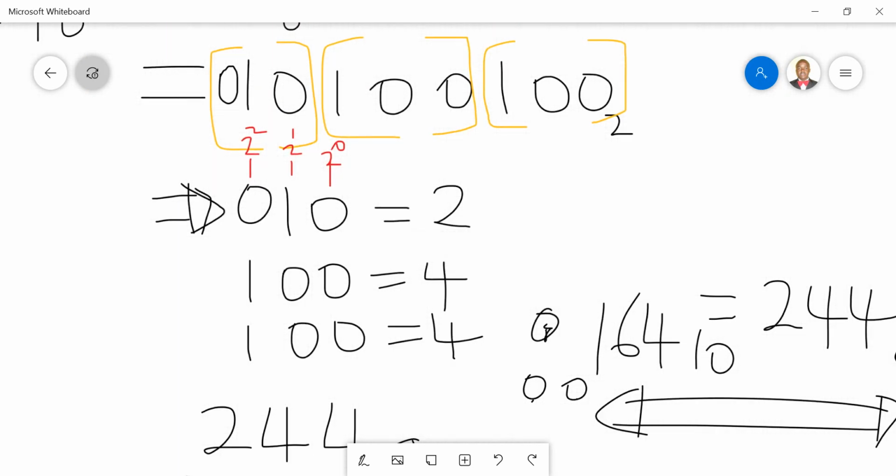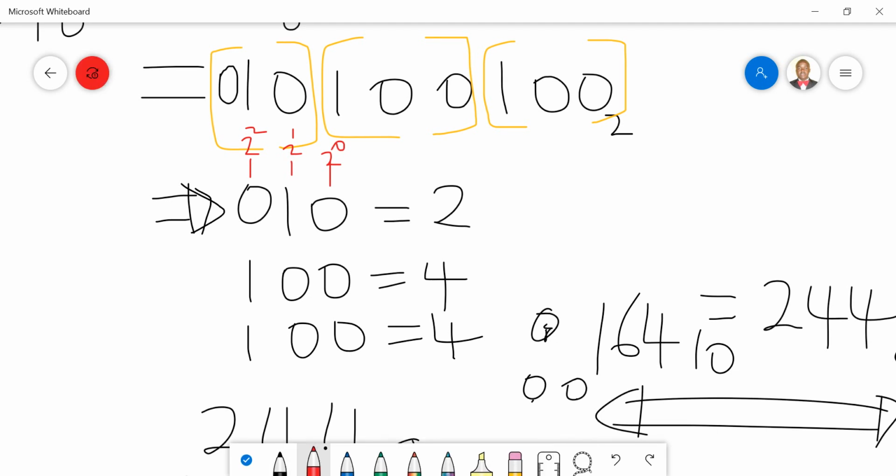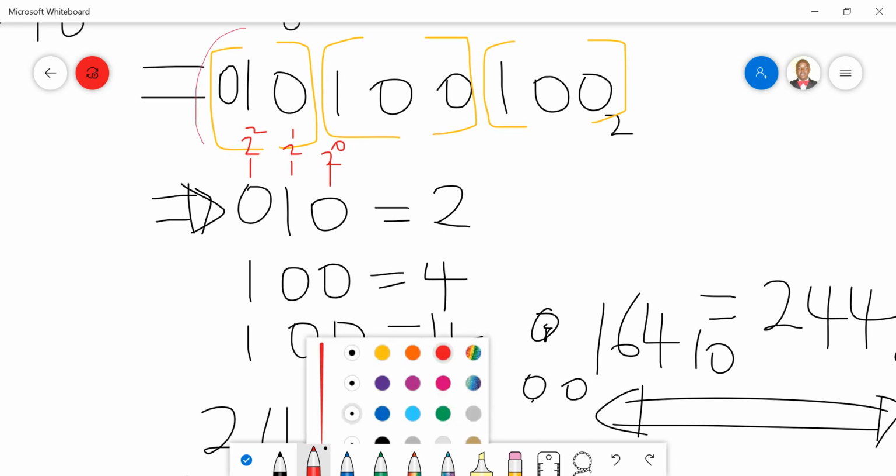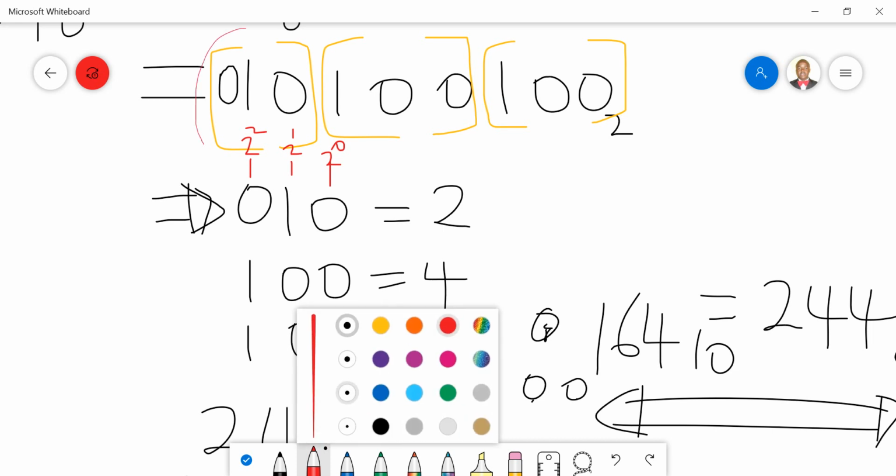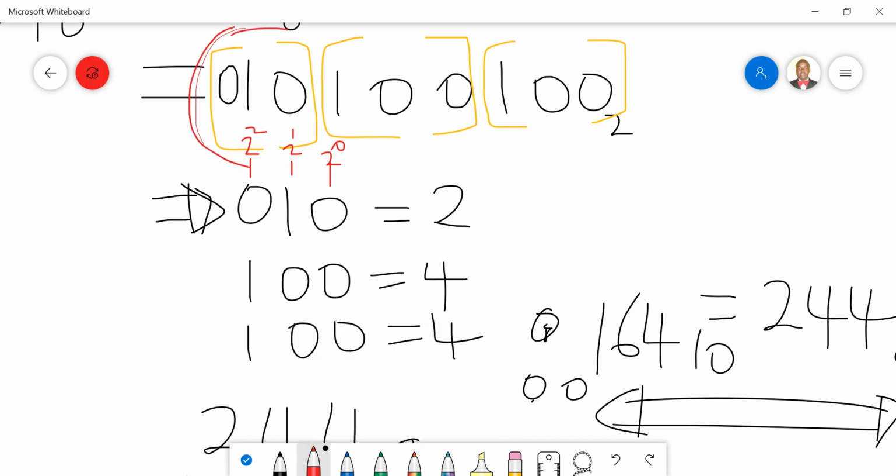Let me show you. This is the first group here, and it gives us 2.